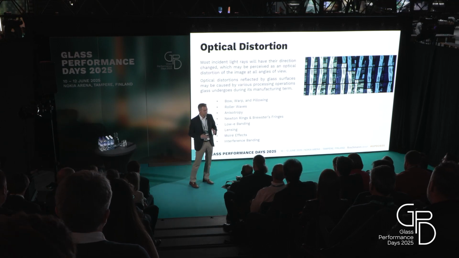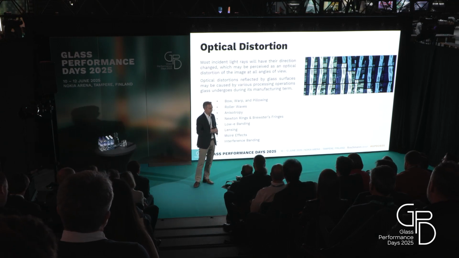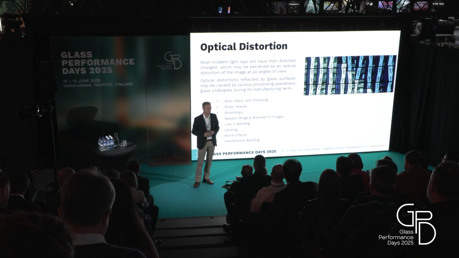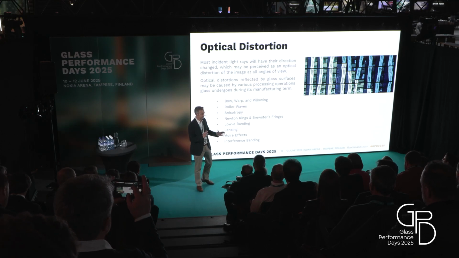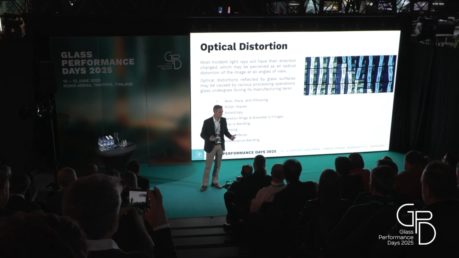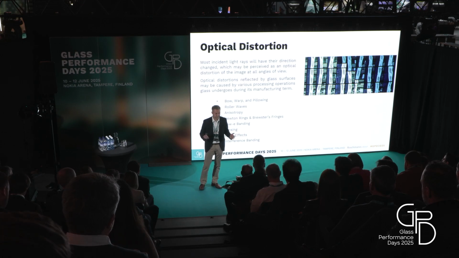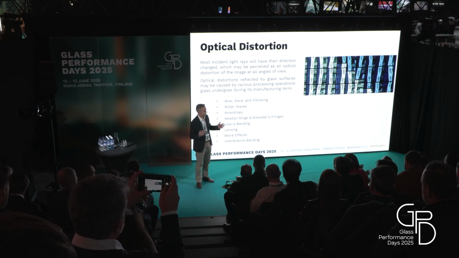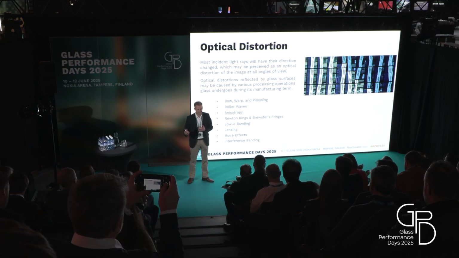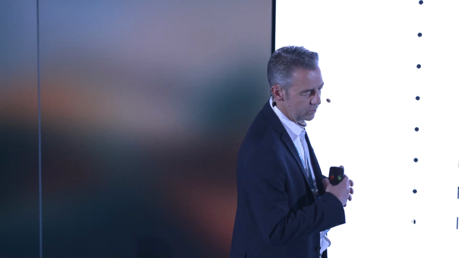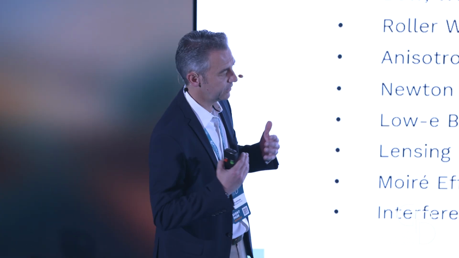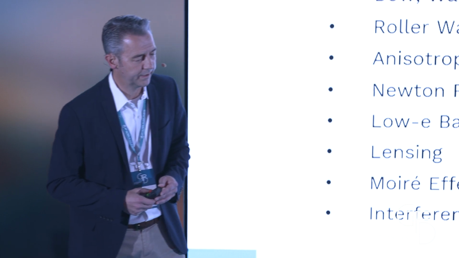So basically, I am still looking at the optical distortions. We all see this in modern architecture. If we drive through the cities, we see all the bows and all the pillow effects in insulating glass. We see the roller waves introduced by the tempering process in a different way.